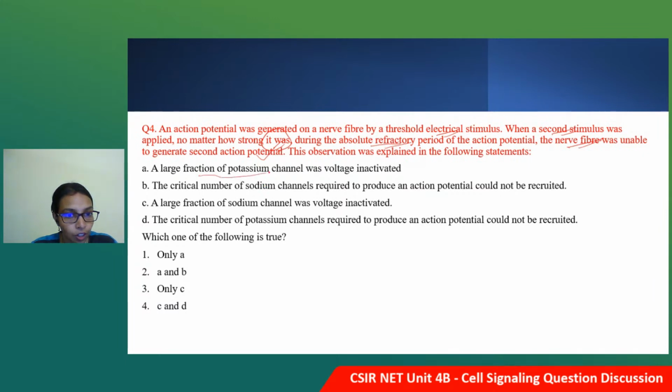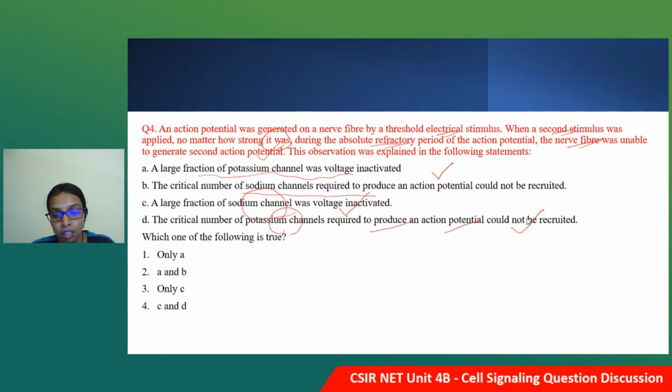A large fraction of potassium channels was voltage inactivated. Critical number of sodium channels required to produce an action potential could not be recruited. Large fraction of sodium channels was voltage inactivated, and the critical number of potassium channels required to produce an action potential could not be recruited. You have to identify the correct combination over here.